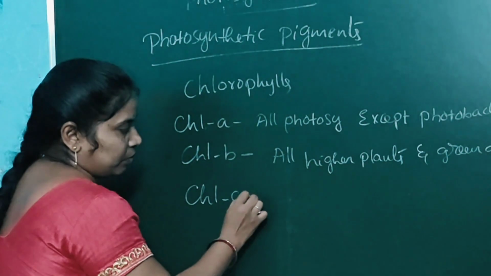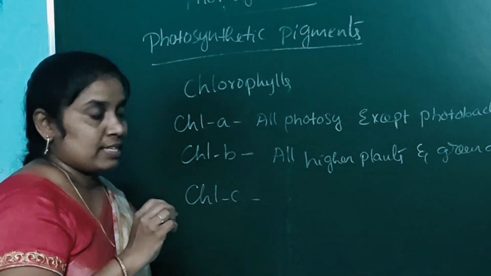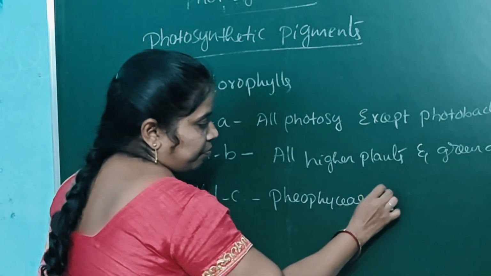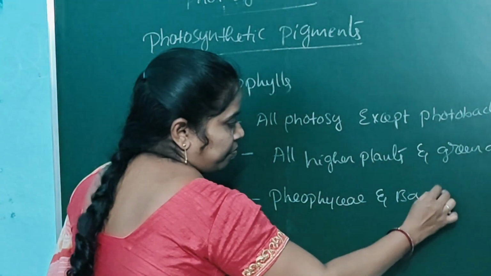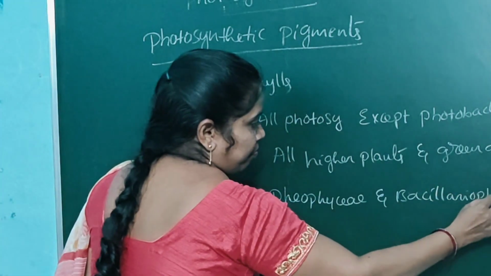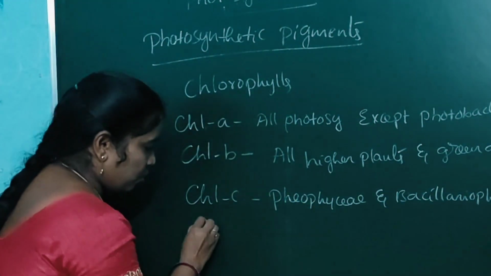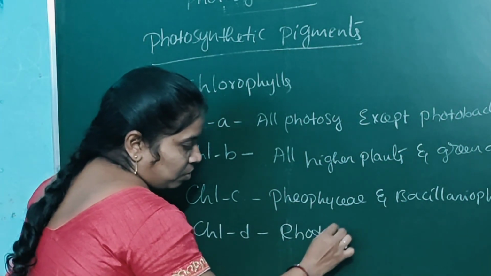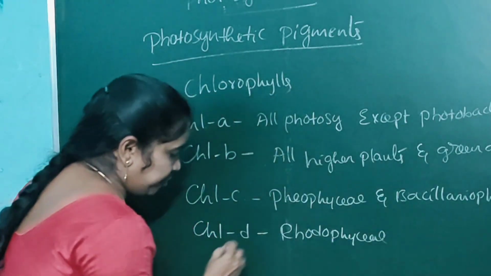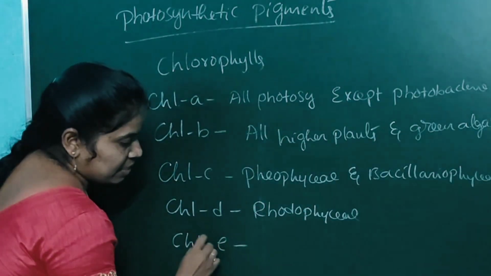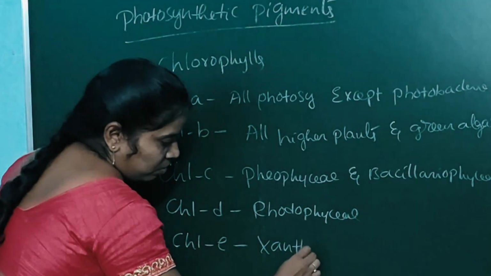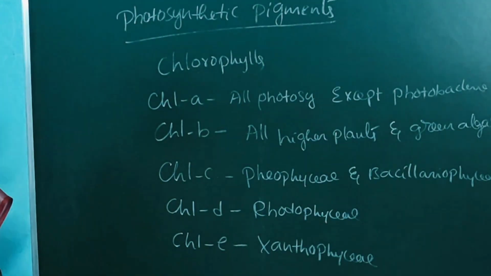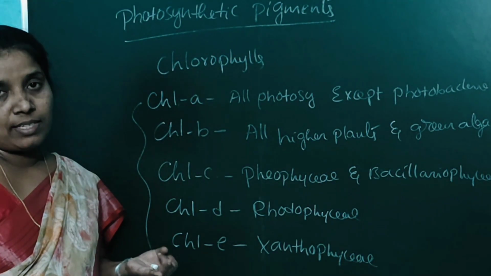Chlorophyll C is present in Phaeophyceae and Bacillariophyceae. Chlorophyll D is present in Rhodophyceae, whereas chlorophyll E is present in Xanthophyceae. So these are the 5 types of chlorophyll pigments: chlorophyll A, B, C, D, E.